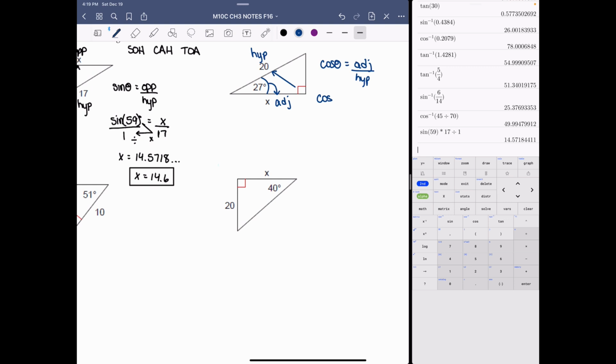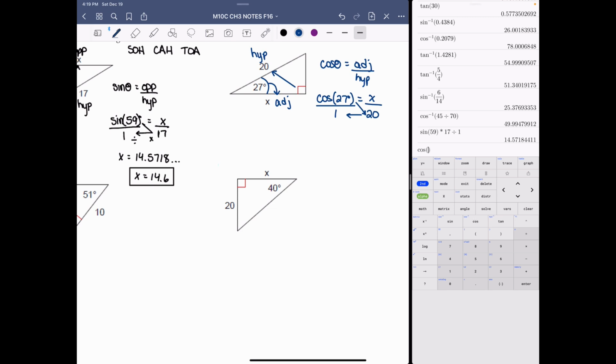Plug in our values. Cos of the angle 27 degrees equals the adjacent side, which is x, over the hypotenuse side, which is 20. Put a 1 under the cos 27 to make it a fraction. Then we can multiply the diagonal numbers and divide by our third number.